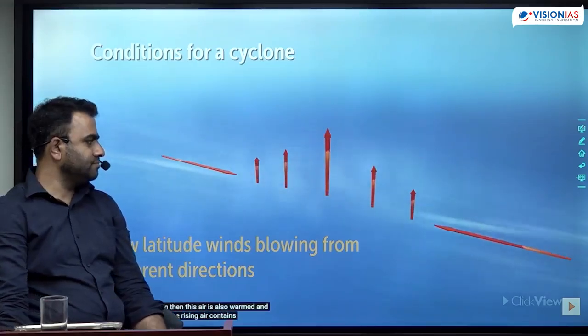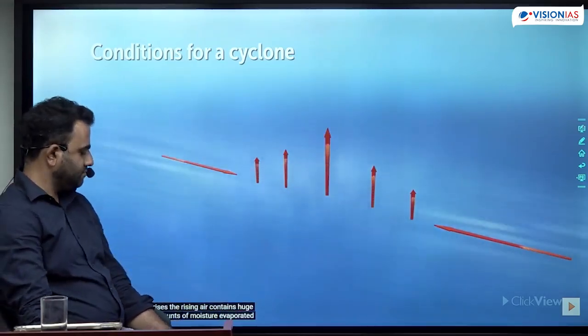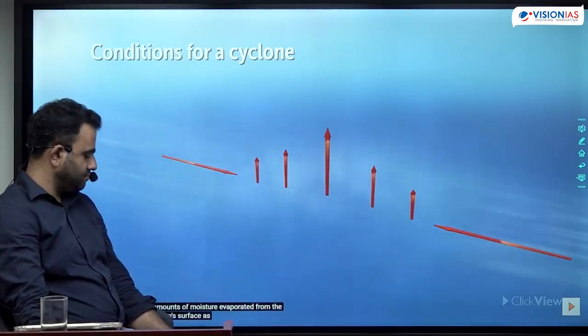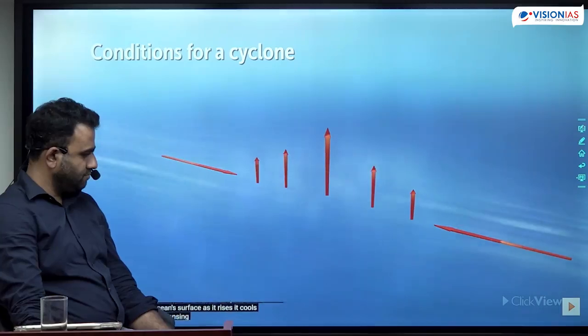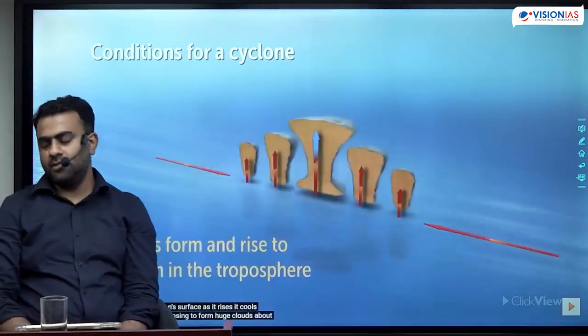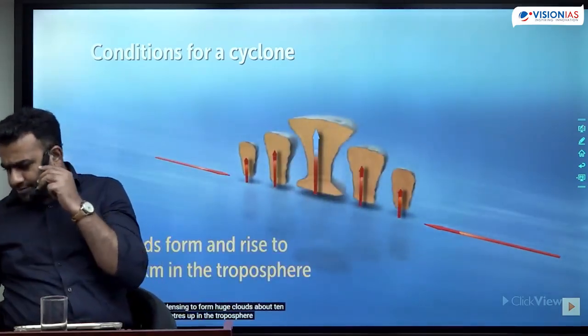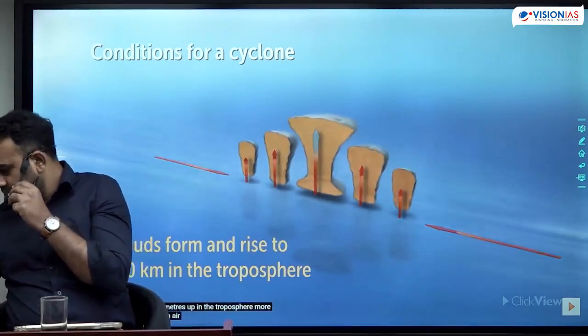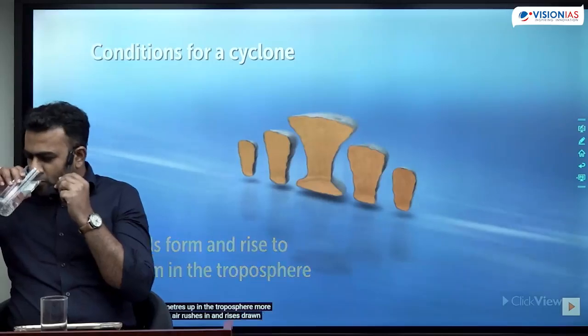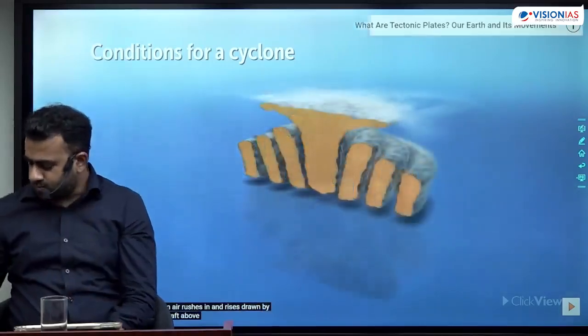The rising air contains huge amounts of moisture evaporated from the ocean's surface. As it rises, it cools, condensing to form huge clouds about 10 kilometers up in the troposphere. More warm air rushes in and rises, drawn by the draft above.